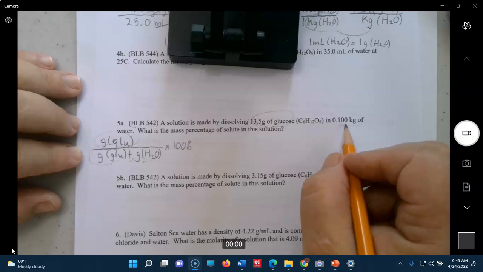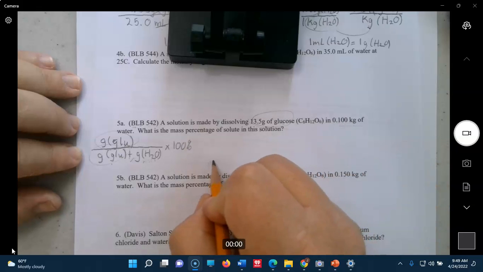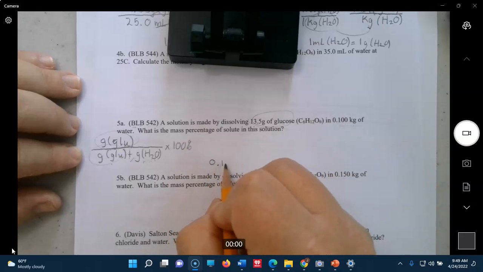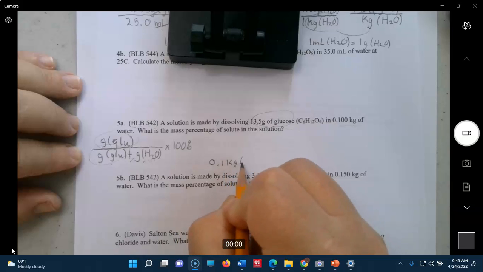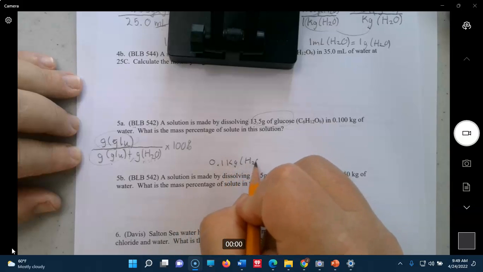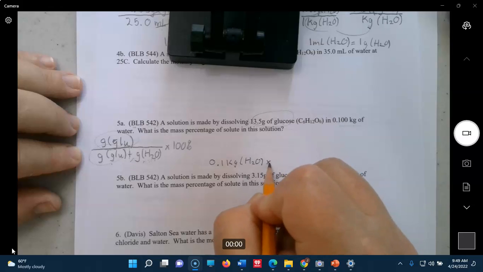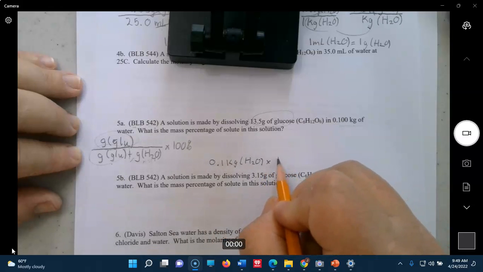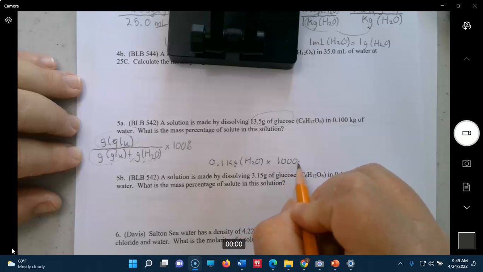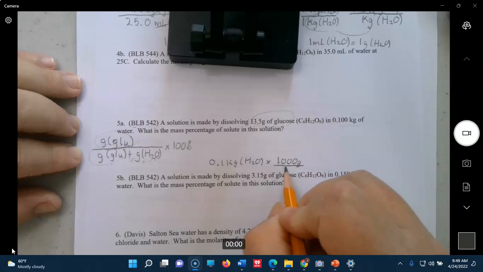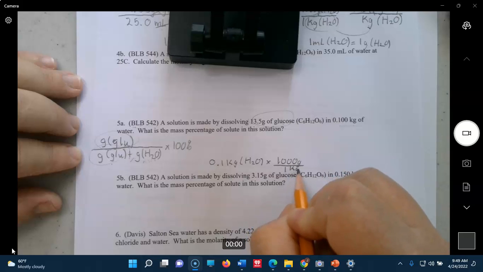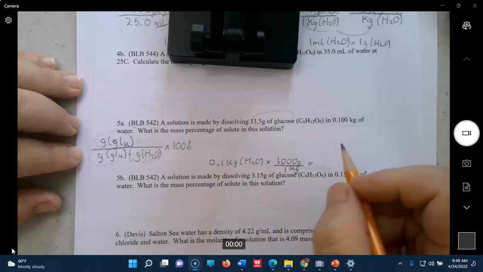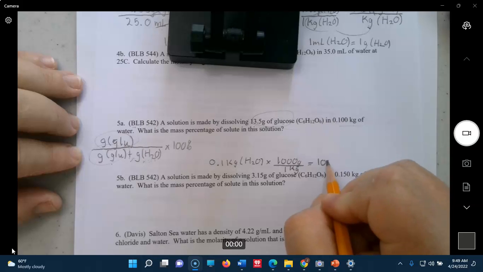So it's 0.1 kilograms of water, and use one of your three fundamental conversions. And that's going to give you 100 grams of water.